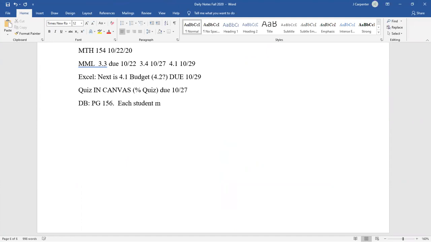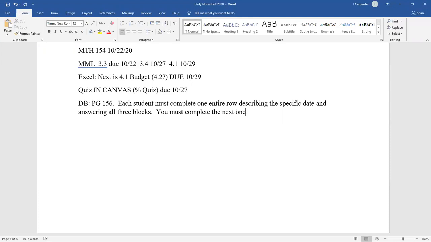Student must complete one entire row describing a specific date, answering all 3 blocks. Must complete next one.